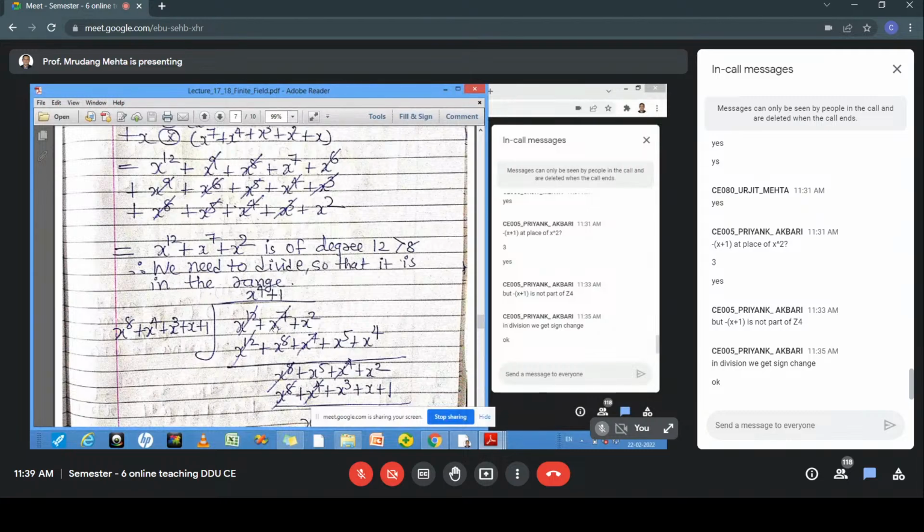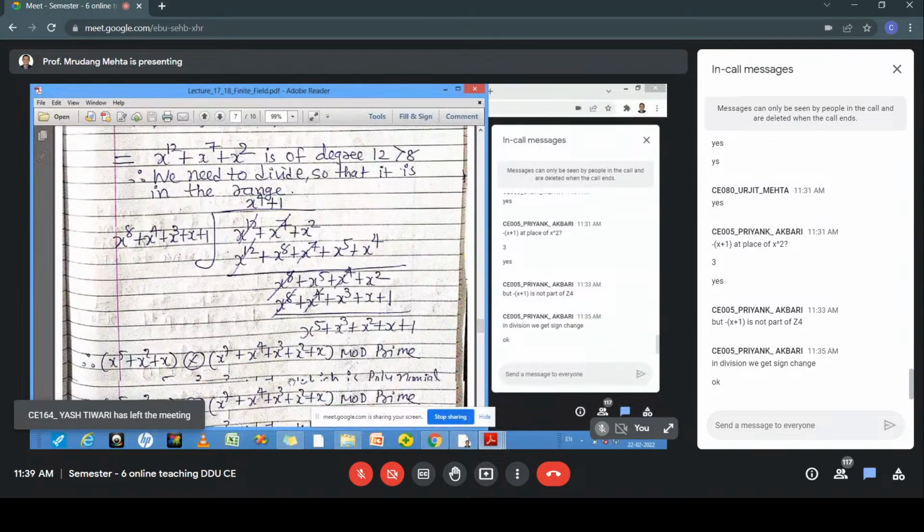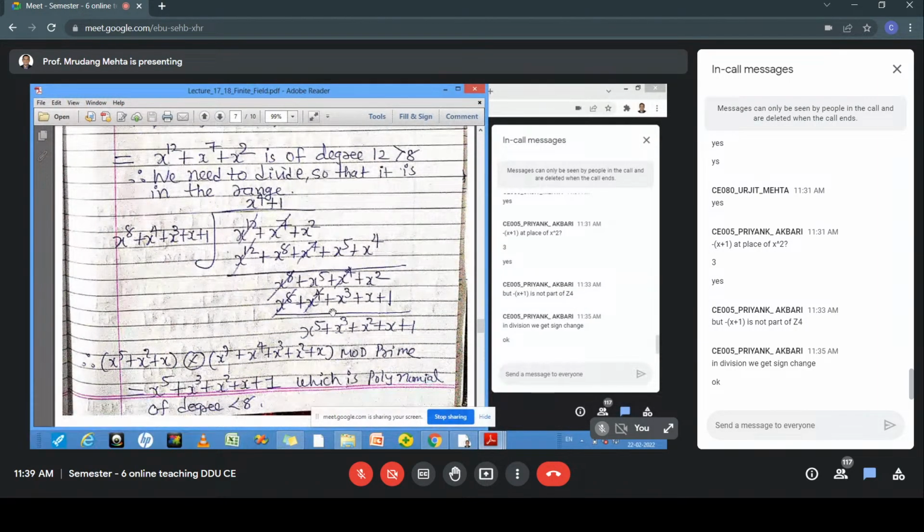So this x^12 and x^7 cancel out, and what remains is x^8 + x^5 + x^4 + x^2. Now again we divide this by taking 1, so x^4 + x^3 + x + 1, and what remains is this. Here x^8 cancels out, x^4 cancels out, and what remains has degree less than 8. So the result is a polynomial of degree less than 8.